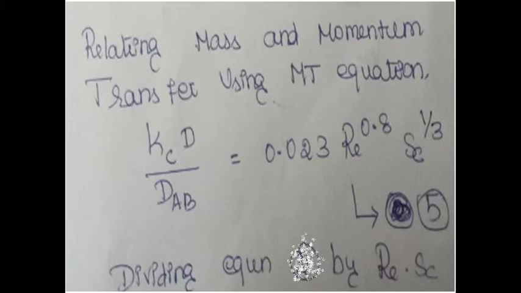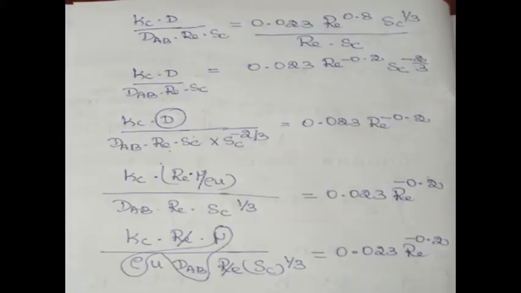Dividing the above expression by Reynolds number into Schmidt number. Kc into d by dAb, Reynolds into Schmidt number, is equal to 0.023 Reynolds power 0.8 Schmidt number power 1/3, whole divided by Reynolds into Schmidt number.